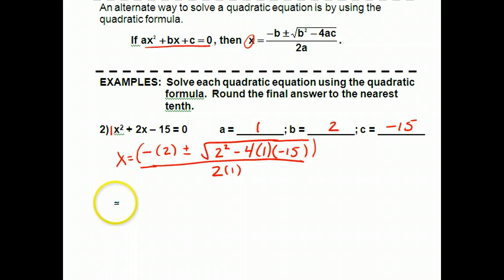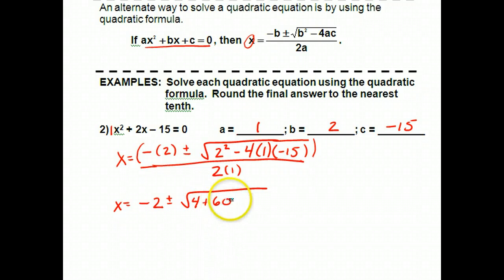So x is equal to, we'll just keep that minus 2 there, plus or minus, and now the inside of my square root sign: 2 squared gives me 4, and now I multiply these three numbers. Negative 4 times 1 times negative 15 gives me plus 60, and that's all going to be divided by 2.